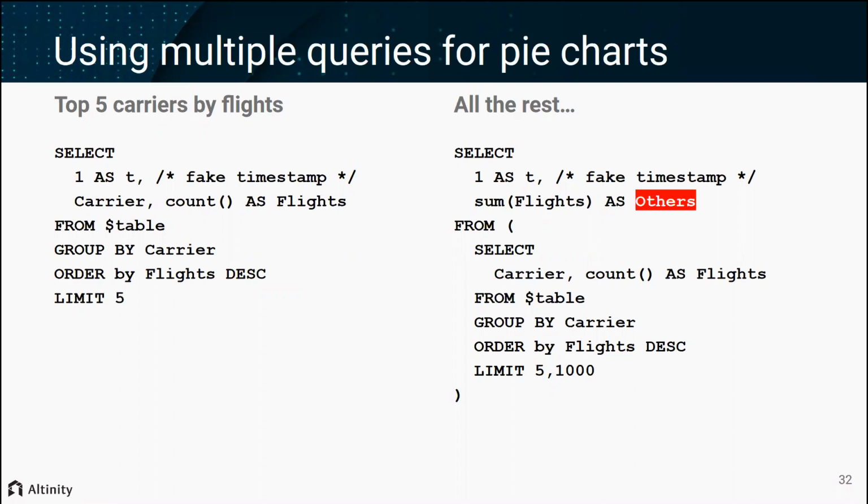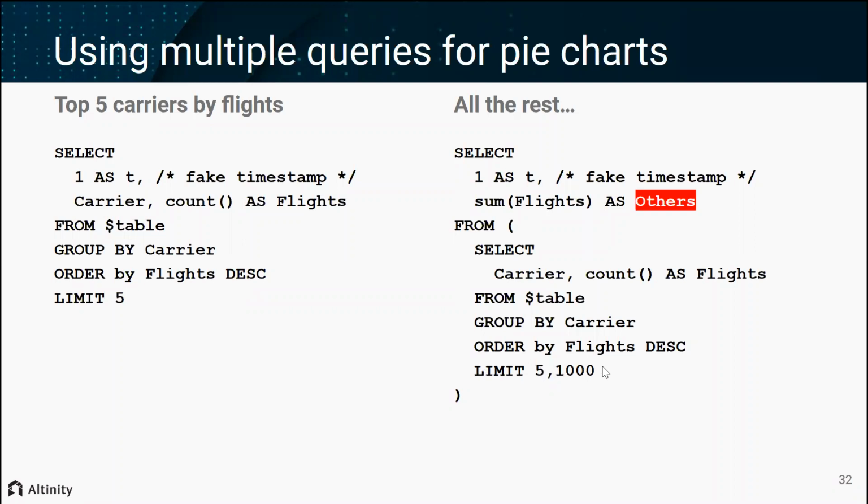So for example, let's say that we have a pie chart that is going to show the top 5 carriers by the number of flights, and then another slice of the pie that shows all the rest. So what you're going to do is define 2 queries, which you're going to independently add to the same panel. So the first one is your top 5, and then the other one is all the rest.